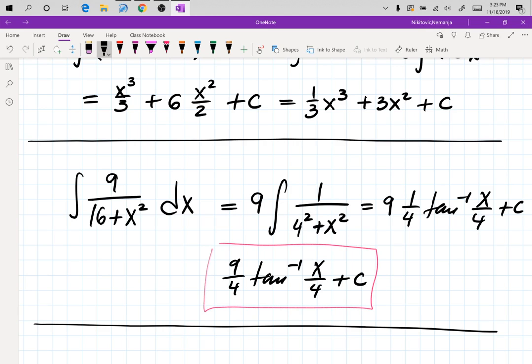Now, what I like to do is immediately to flip this question and have it as (16 plus x squared) divided by 9 dx. In which case, it's no longer inverse tangent. Same players, it's just the fraction is flipped.